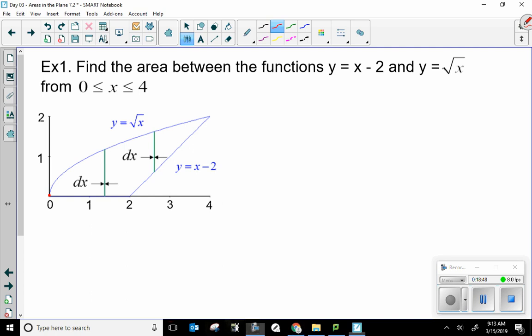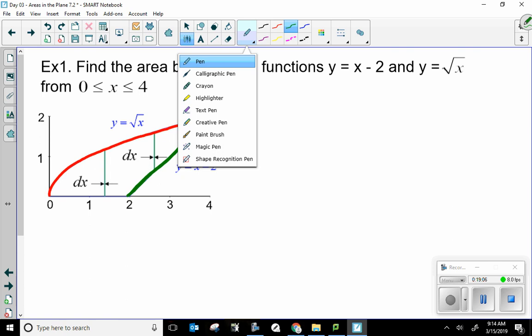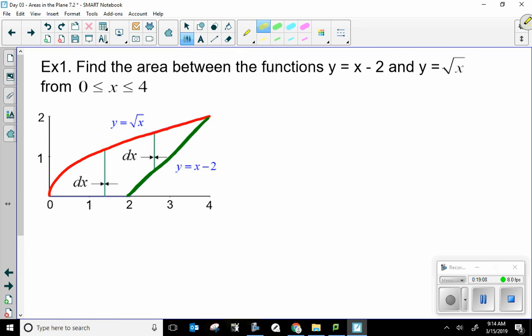Here is the square root of x. Here, I won't do this in blue because everything else is blue, is x minus 2. Okay? I can do the area between the curves because I have area between the curves here and here and here.